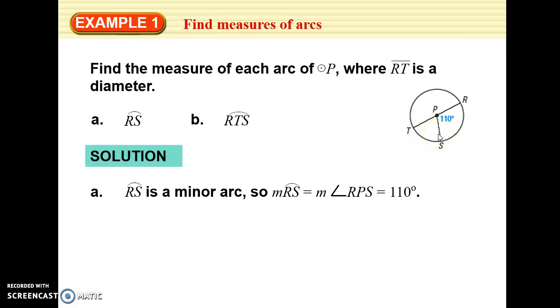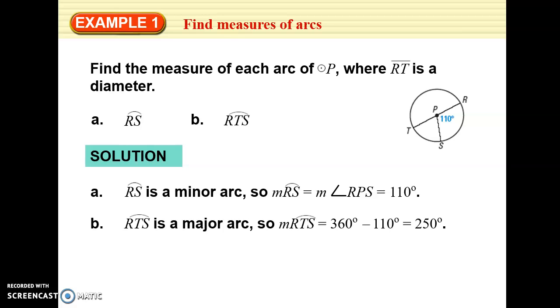And we know only this part, 110. But we know that all around is 360. I mean, 360 minus 110 will be 250. That is this major arc. And by the way, the first one was a minor arc because it's less than 180.